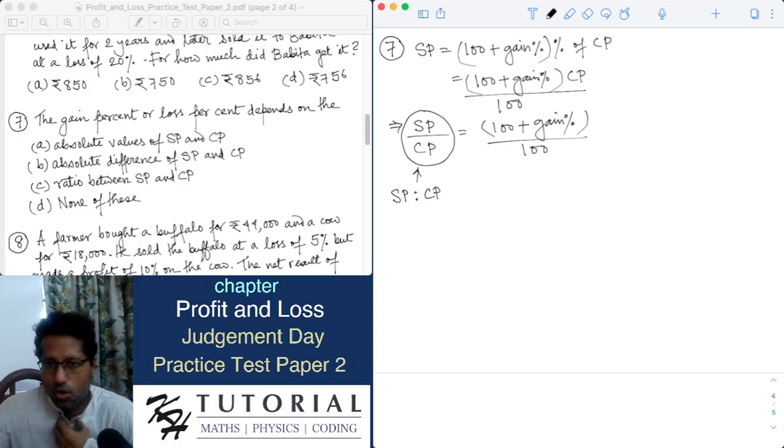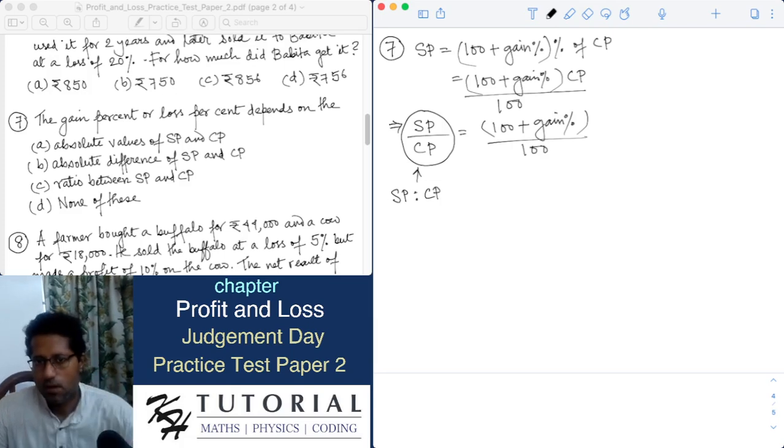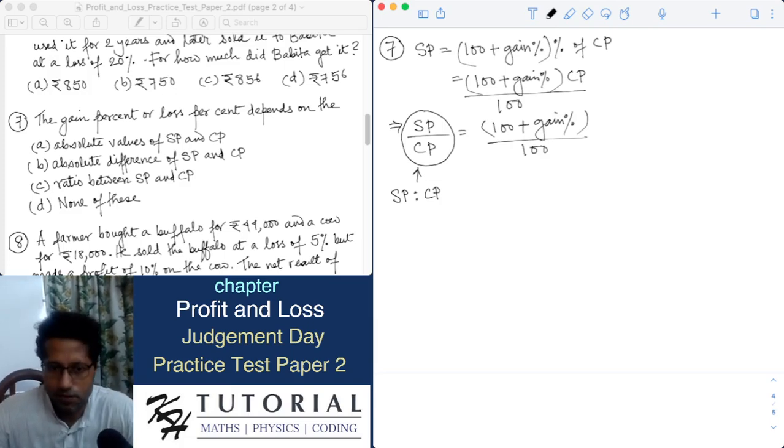If you just know the ratio SP by CP, whatever the ratio is, that is the value that we need to find the gain percent. So gain percent is depending on SP by CP, the ratio of selling price and cost price.